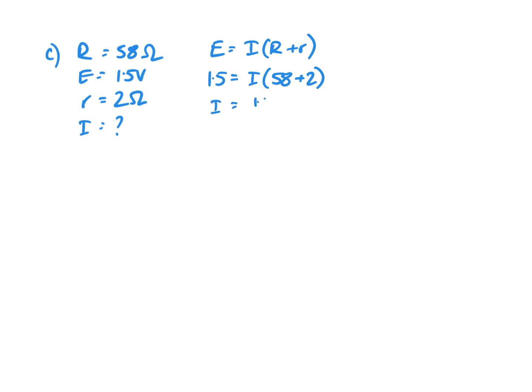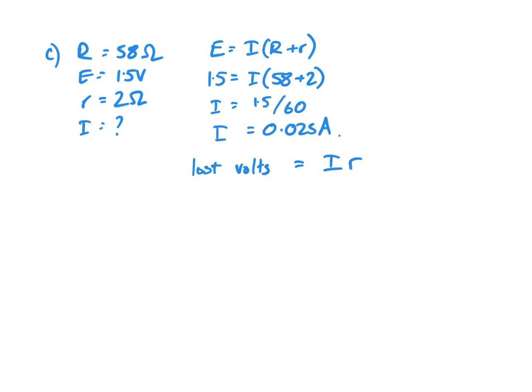So I is 1.5 divided by 60, which is 0.025 amps. And then the lost volts, let's say, doesn't have a symbol, but it can be calculated. It means the voltage across the internal resistance.